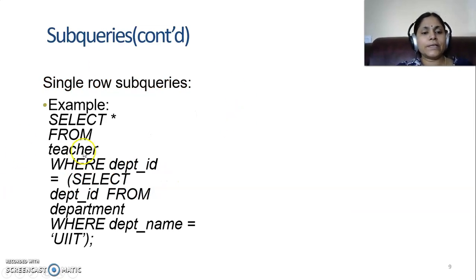So for example: select star from teacher where department ID is equal to, this is the main query, and select department ID from department where department name is equal to UIIT. So what is the function of this subquery? First, this part will be executed, that is, select department ID from department where department name is equal to UIIT, and the department ID is returned to the main query.